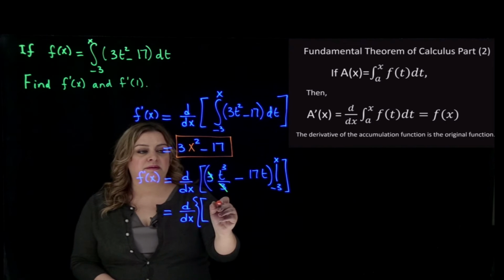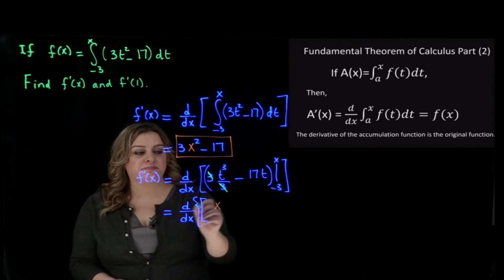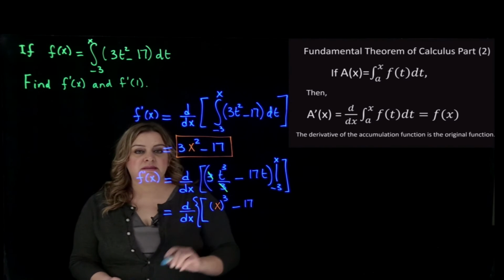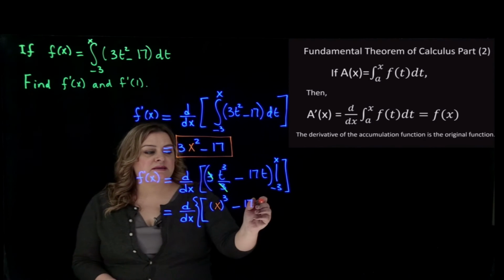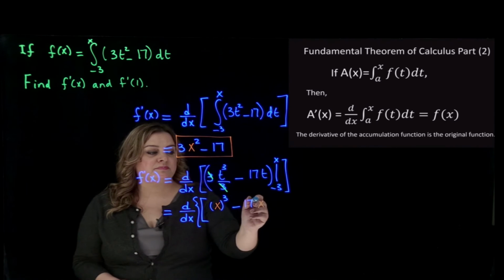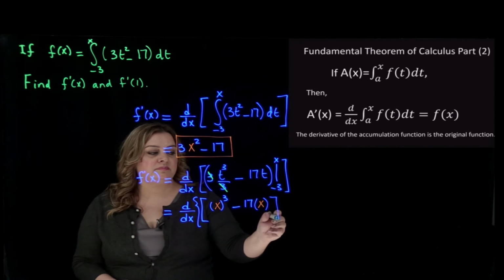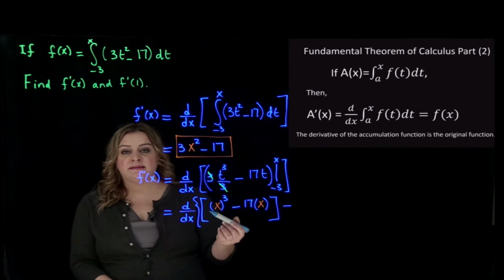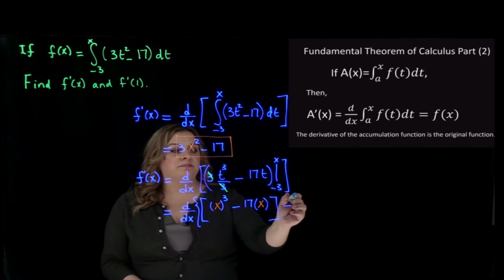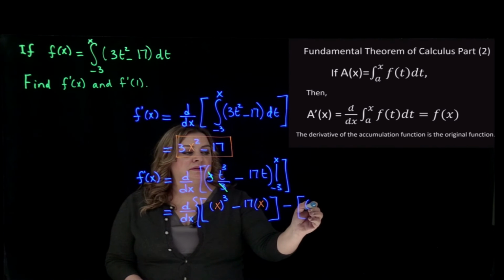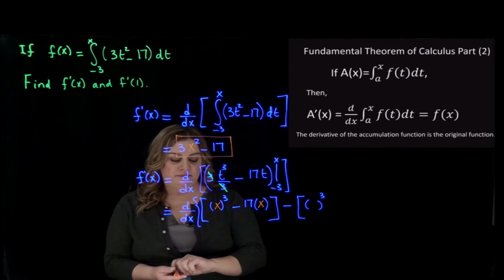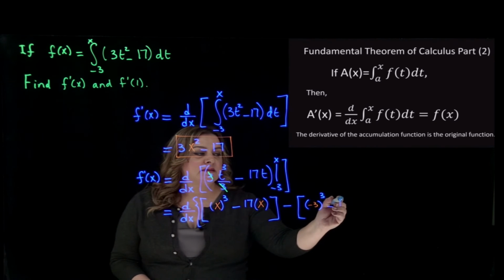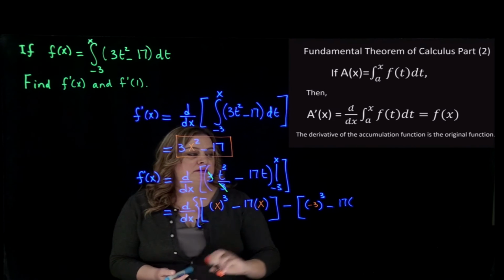This is going to be x cubed minus 17 times x, and now minus the function evaluated at a, which is negative 3, and we will have negative 3 cubed minus 17 times negative 3.